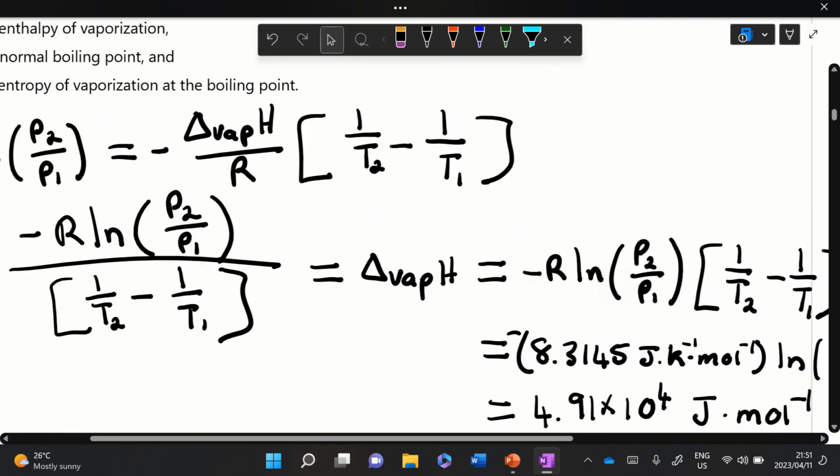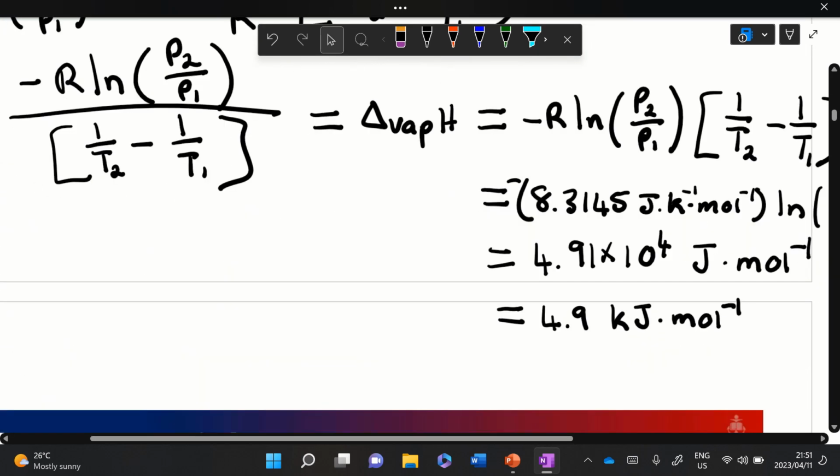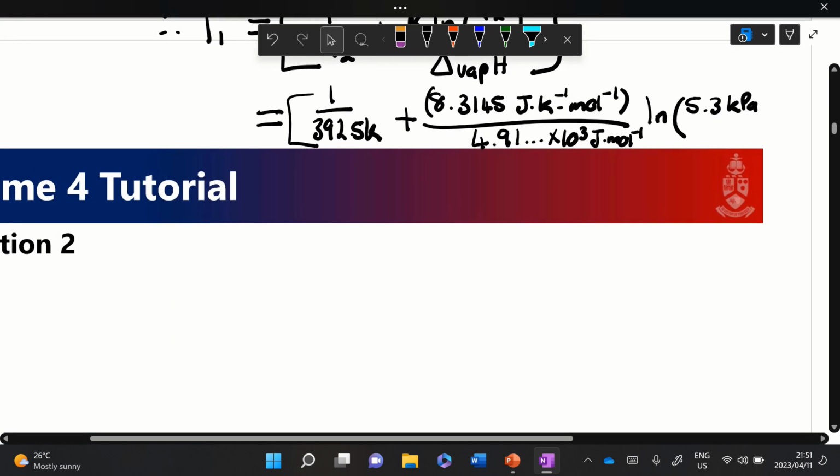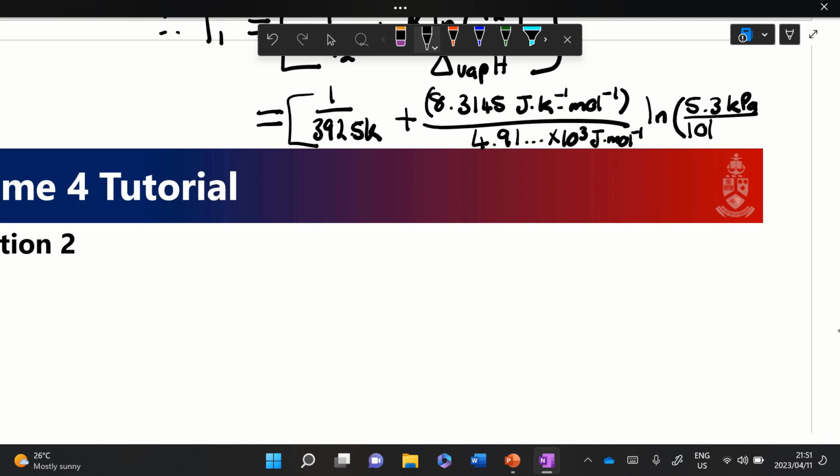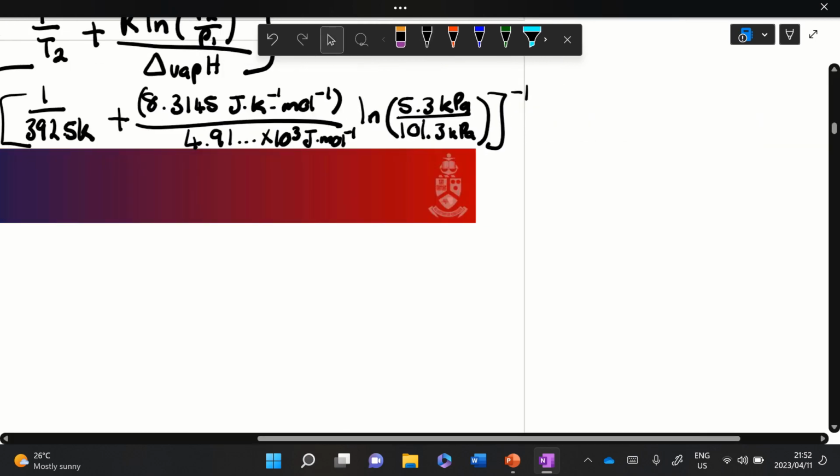Yeah, 5.3 kilopascal is at 119, and then the other one is the normal boiling point, where the vapor pressure is going to be 101.3 kilopascal. Right, that all is the inverse.